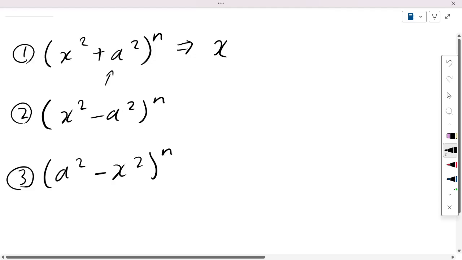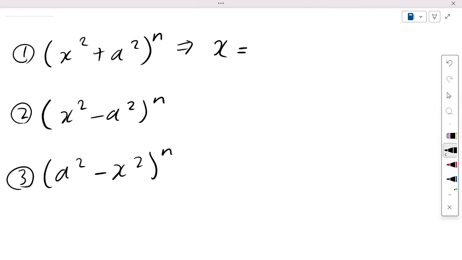I should have said that in the first place. A is a constant and n is also a constant, but n is an exponent and a is the base inside of the denominator. So we're going to let x equal a multiplied by tan theta.